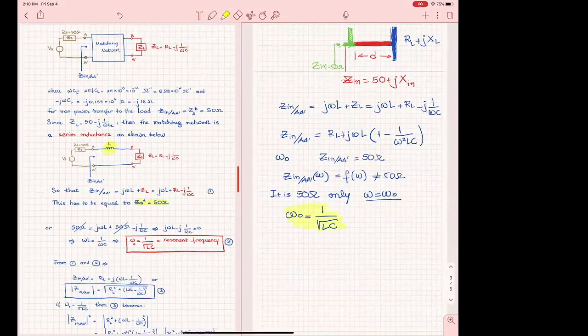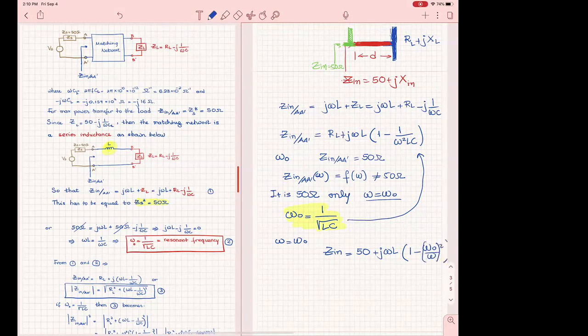That is true because if I place this relationship here, what I find is that indeed at omega equals omega naught, Z in equals R sub L, which is 50 ohms, plus J omega L times 1 minus omega naught over omega squared.